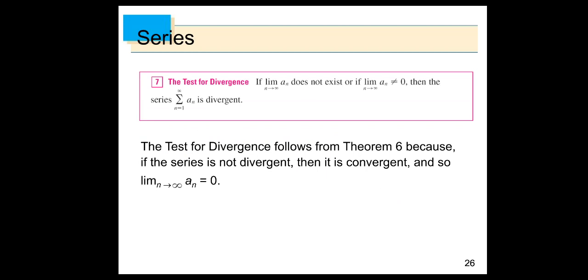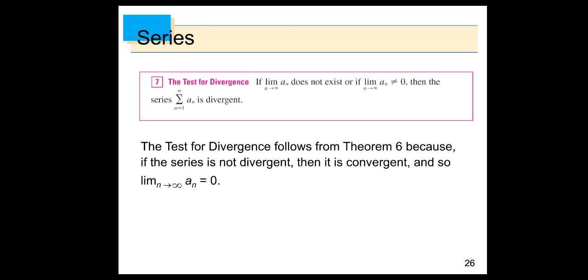So when we see equation 7, the test of divergence, this is really important because we have to see whether it's divergent or not, right? So if the limit of a sub n as n approaches infinity does not exist, or if the limit of a sub n does not equal 0, then the series sigma a sub n, n equals 1 to infinity, is divergent, right?